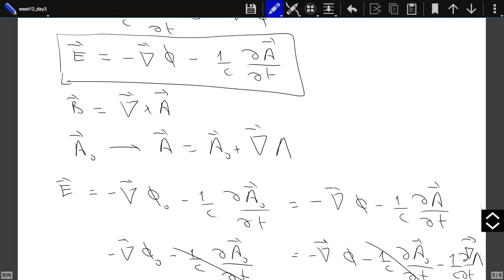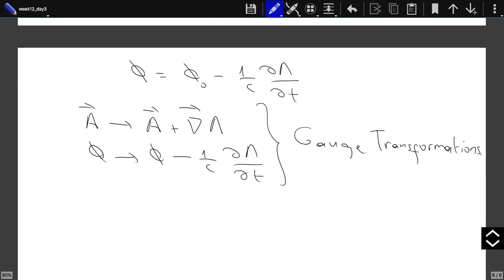Defining the electric and magnetic fields in terms of these potentials already solves two of my equations. So I have to choose these A and phi such that my other two equations are satisfied, which are the divergence of E should be equal to 4 pi rho. This is one equation I have.